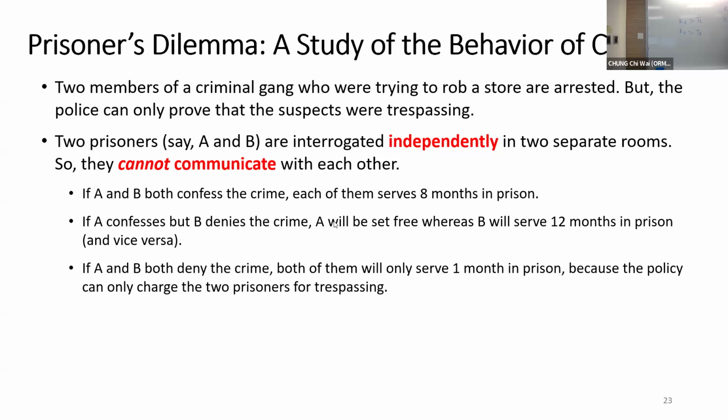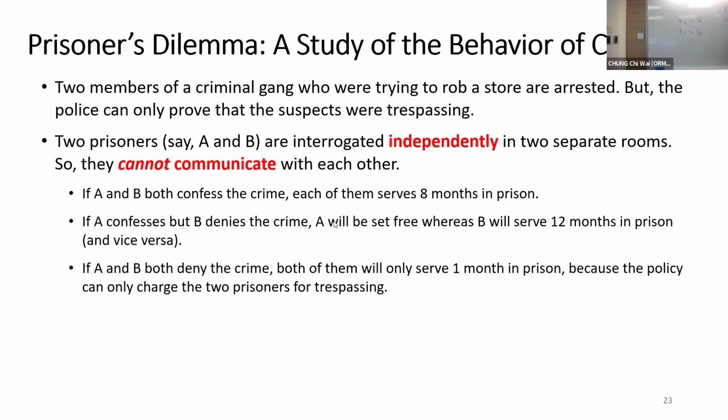If A and B both confess, each of them serves 6 months in prison. If A confesses but B denies the crime, then A will be set free, whereas B will serve 12 months in jail. Likewise, if one player chooses confess and the other chooses deny, the one who confesses goes free and the other serves 12 months.